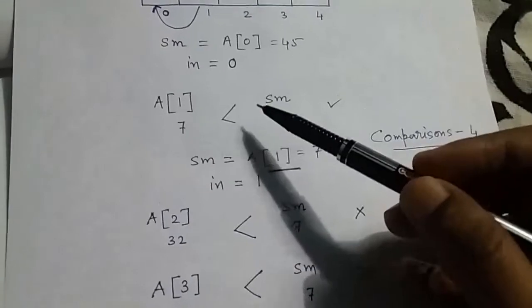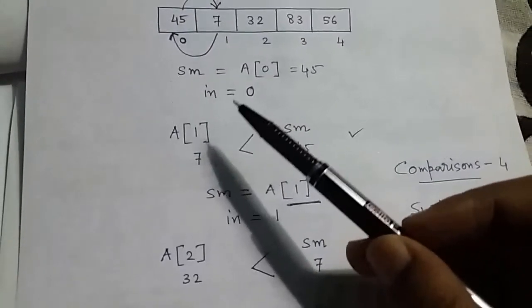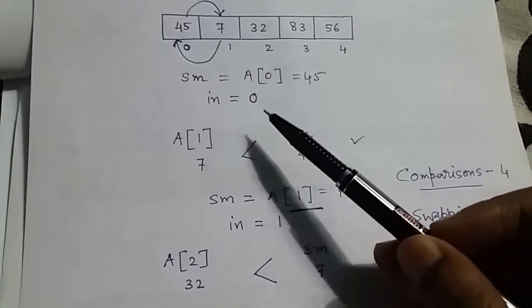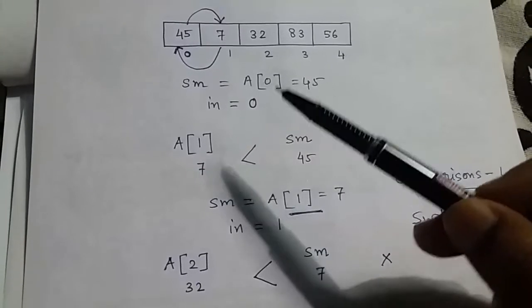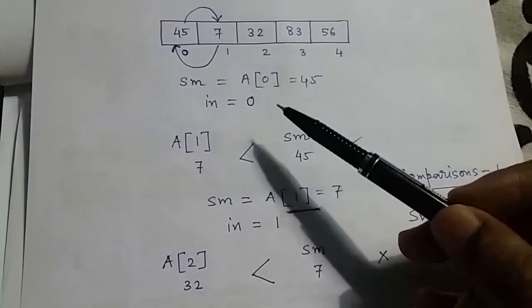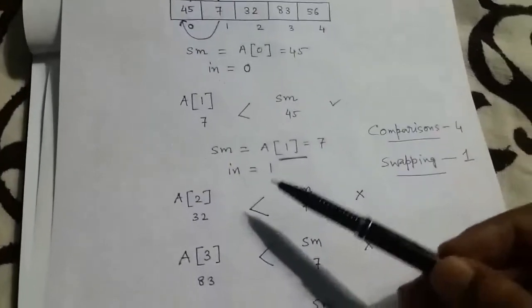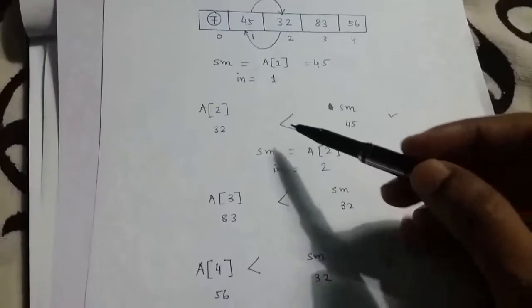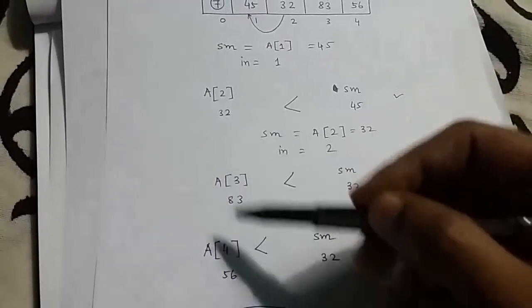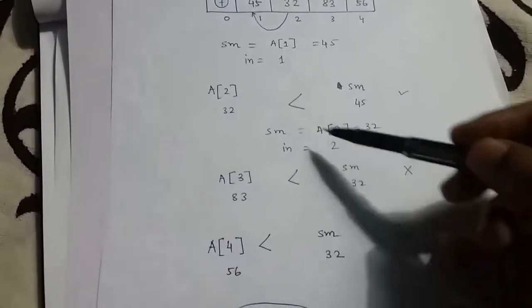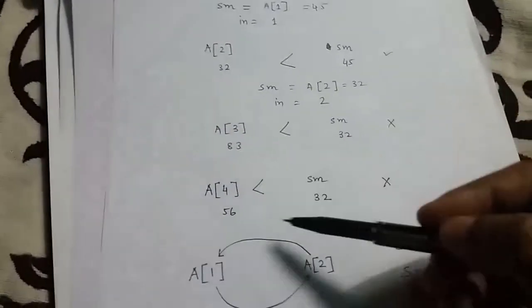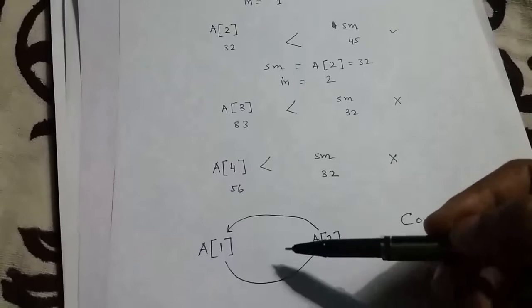So obviously the element consideration will be just before the nested loop, meaning just after the start of the outer loop, and then the nested loop begins. You can see I am showing in the second pass also here. So the comparison begins, that means this is the start of the nested loop, and when the nested loop ends then the swapping is performed.